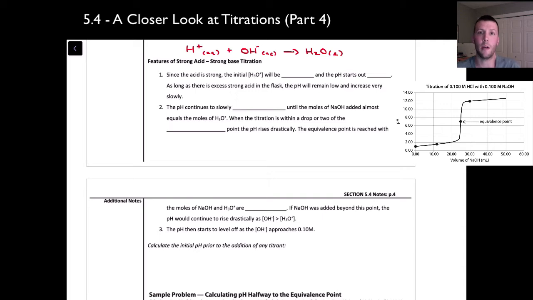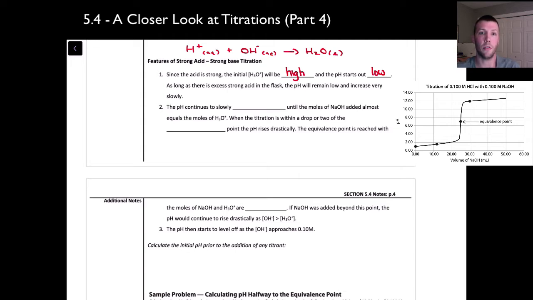First, we're going to describe the strong acid, strong base titration curve from a qualitative perspective. Since the acid is strong, the initial hydronium ion concentration is high and the pH will start out low. This will continue to be the case as long as the strong acid remains in excess over the base.